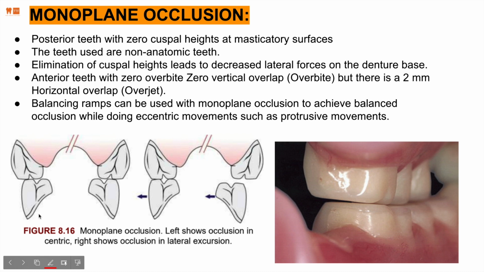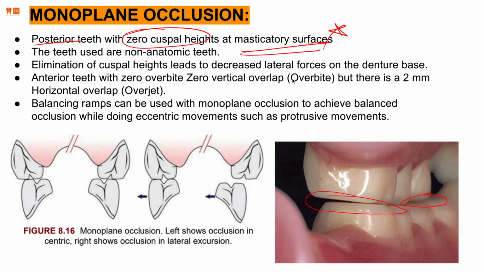Now moving on to the monoplane occlusion summary. See, before you even read anything, you notice how the plane of all of these cusps are so flat? They're monoplane. The posterior teeth have a 0 cuspal height at masticatory surfaces. How easy is that to set? Not even technique sensitive.